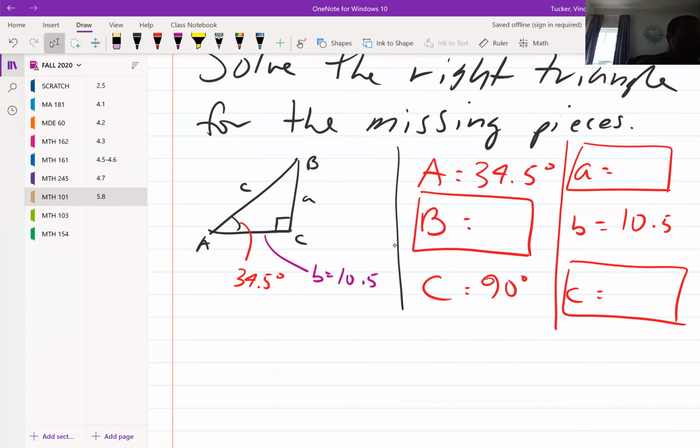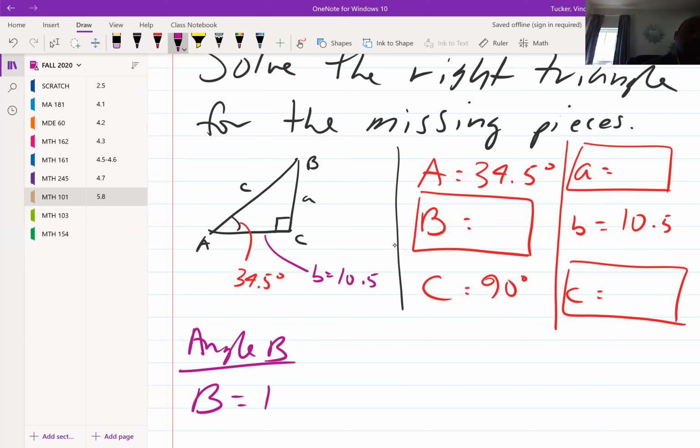All right, so we can find B. So the sum of the angles in a triangle is 180 degrees.